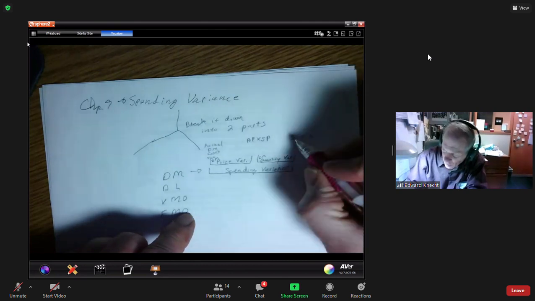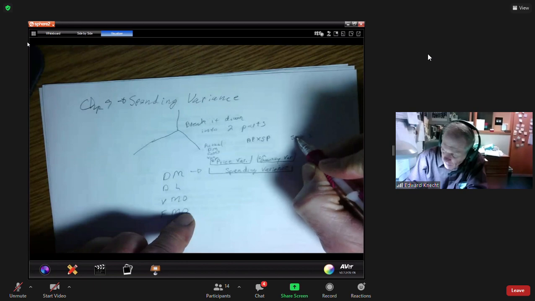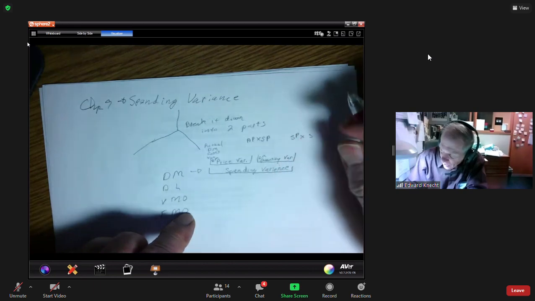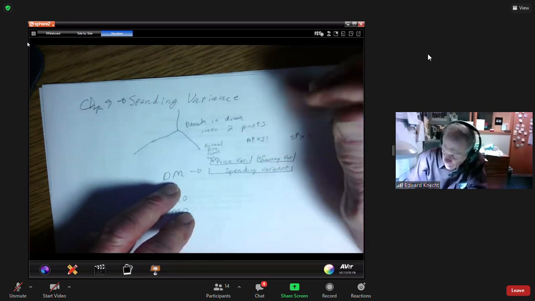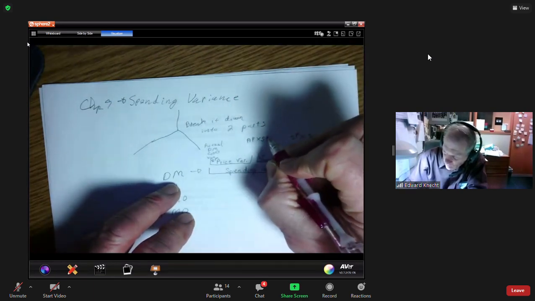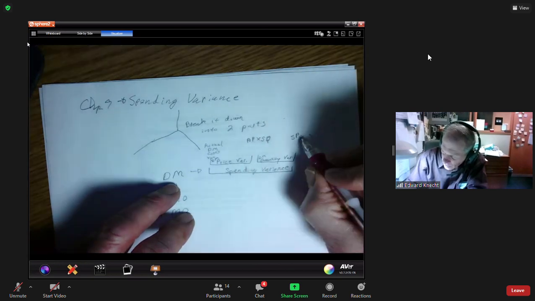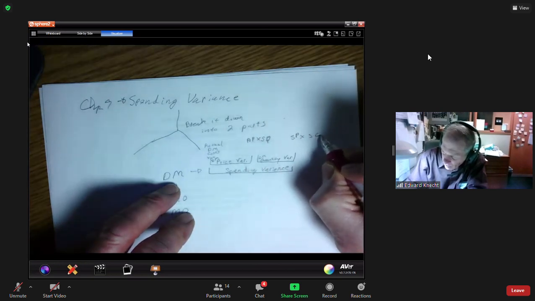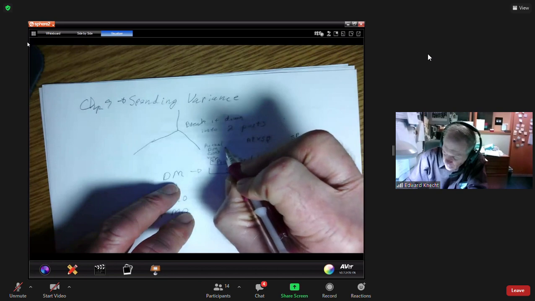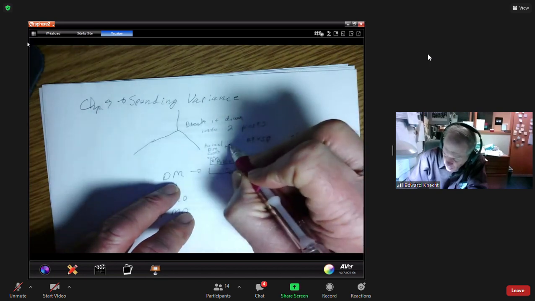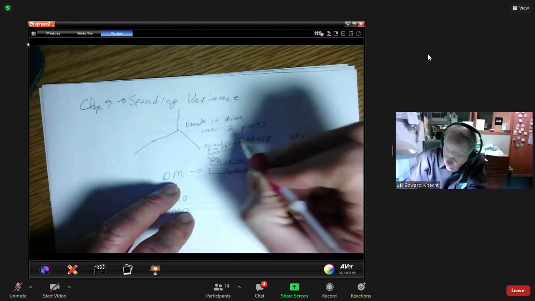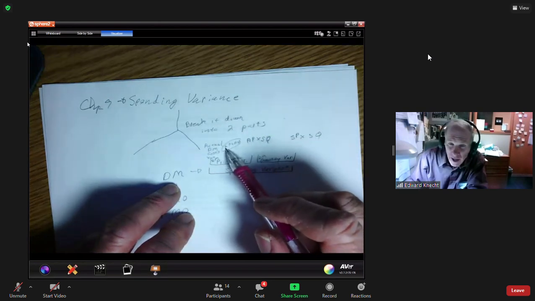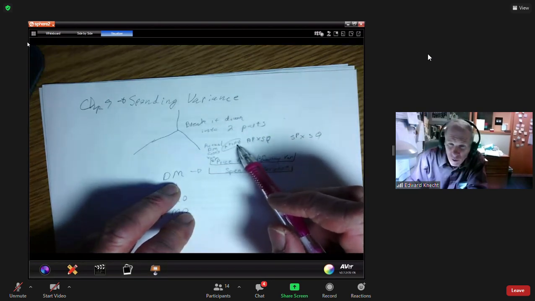So this is going to be the standard price times, actually, this would be actual price times standard quantity. Standard price times the standard quantity. And this is the actual price times the actual quantity.